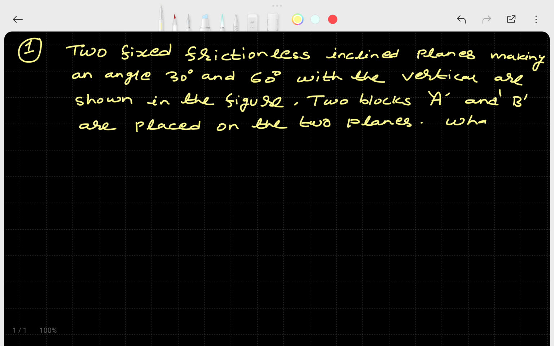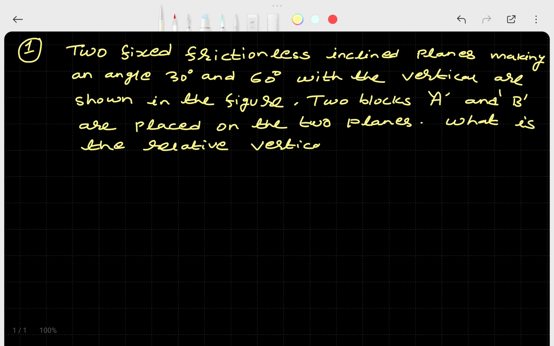And the question says, what is the relative vertical acceleration of A with respect to B? This is the question, and it's a very interesting question. Though it's very simple, many students get trapped in this question.